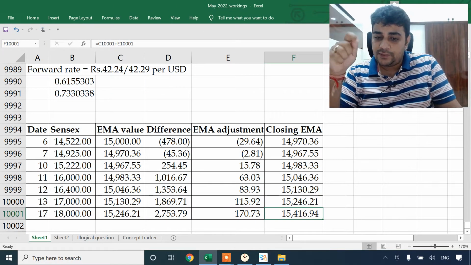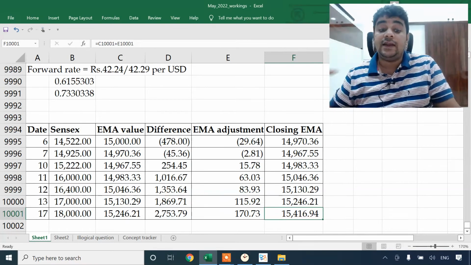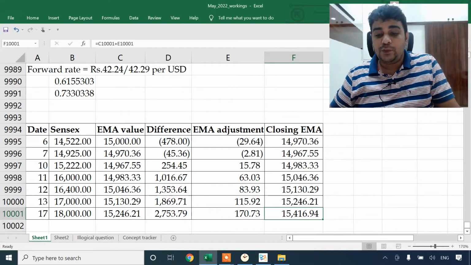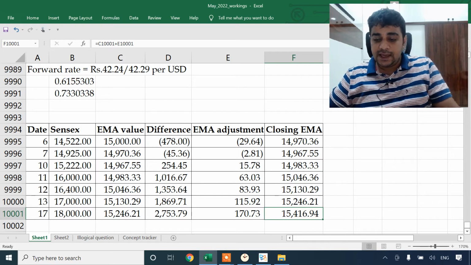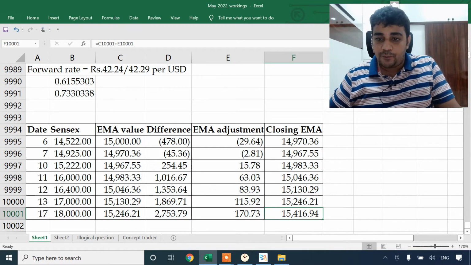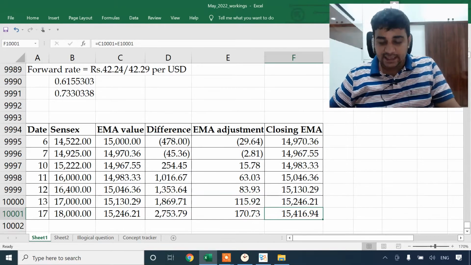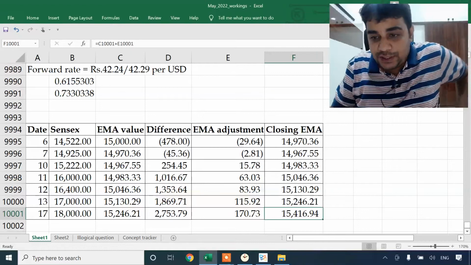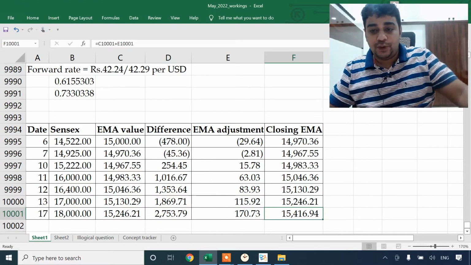It wanted a revision of 29.64 downwards, to 14,960, further downward, and thereafter it is continuously going up. The EMA adjustment is continuously showing an upward trend. This basically indicates that the market is in a bullish trend.